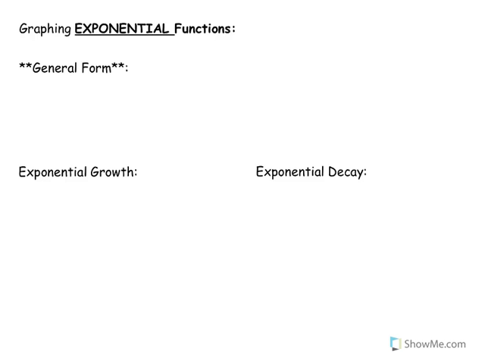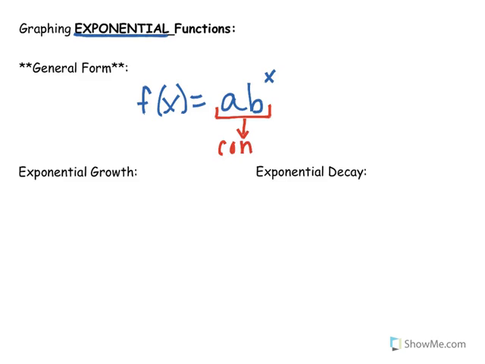Some of you might have already remembered that the functions we're going to start studying are called exponential functions. The general form for an exponential function is f of x equals a b raised to the x power. So a and b in this case are going to be constants, and x, up in our power, is going to be our input.